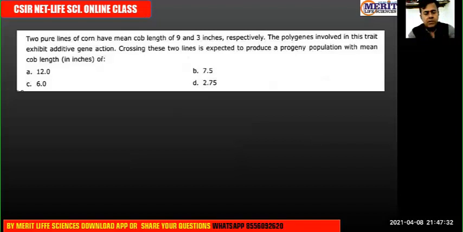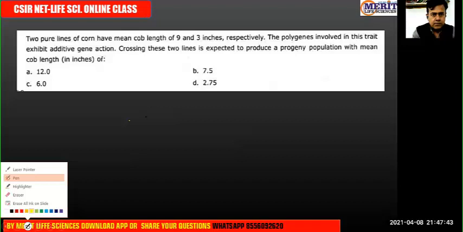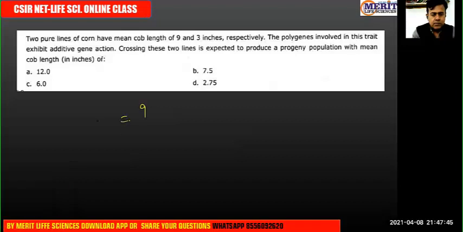Two pure lines of corn have mean cob length of 9 inches and 3 inches, cob 1, cob 2. Start writing as soon as you are getting the problem. This is a pure line and this is the mean.